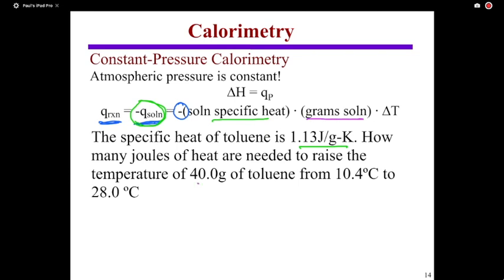Yep, right here. And then you have to have a change in temperature, which you have this and that. Okay. Now, change in temperature. The delta change in temperature is the temperature minus the temperature. Which temperature minus which temperature? The temperature final minus the temperature initial.